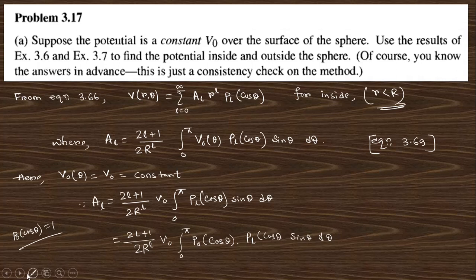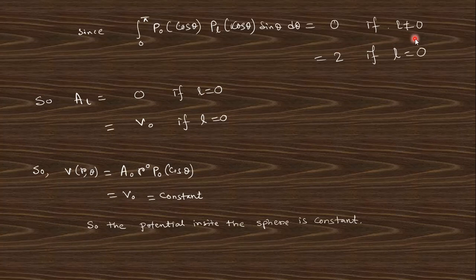Then you can easily write this expression of the potential, which was already obtained in this book in equation 3.66. Here l is the index, with this expression: (2l+1)/2 times r to the power l over R, times V0 times P_l(cos theta) sin theta, etc. Here V0 is constant, so taking V0 out, we have the integral of P_l(cos theta) sin theta, and this is nothing but P0(cos theta) sin theta, and you know this is 0 if l is not equal to 0. When l equals 0, this becomes 2.